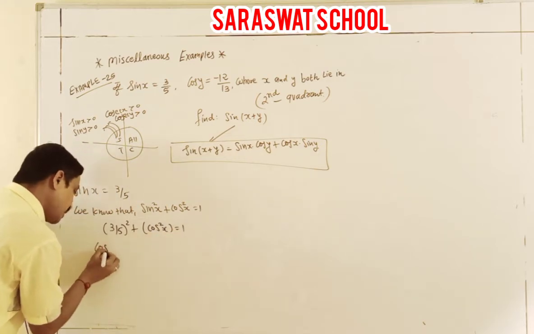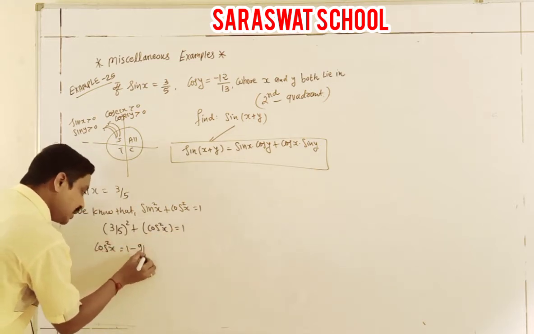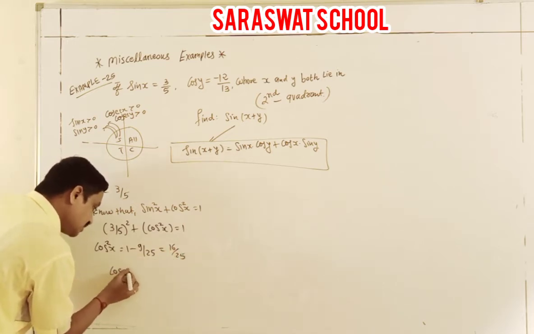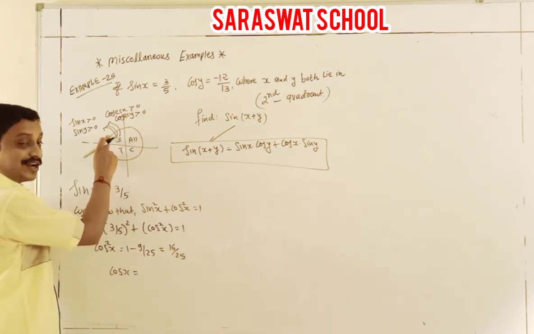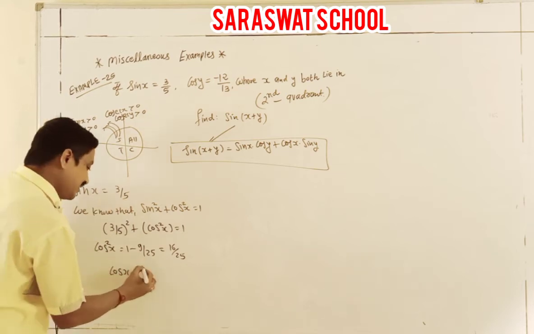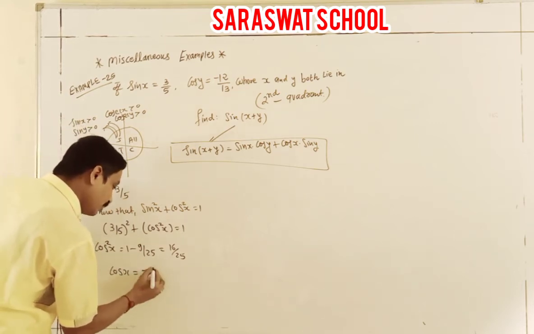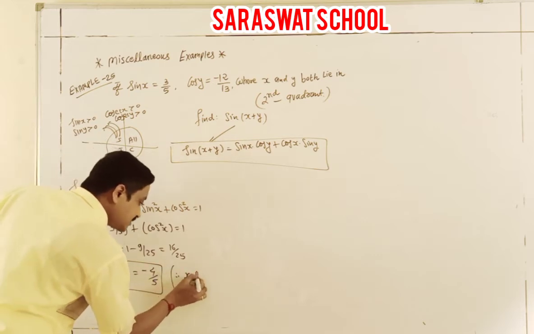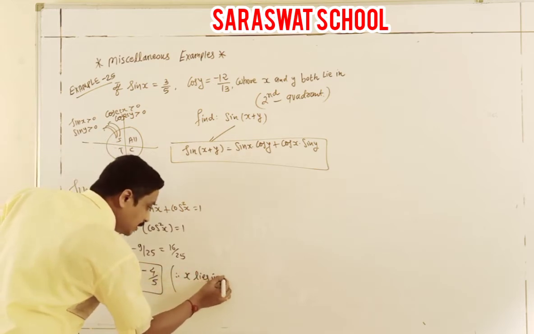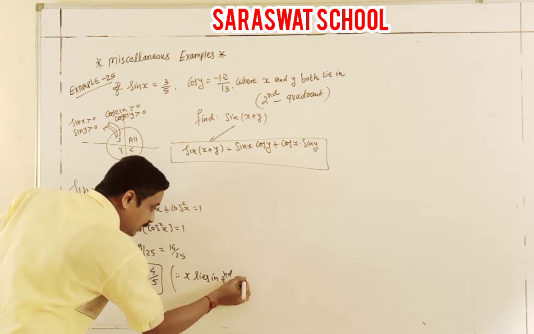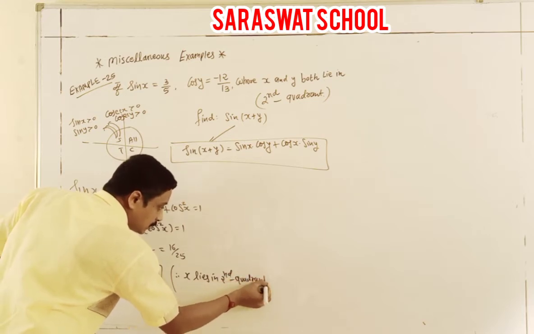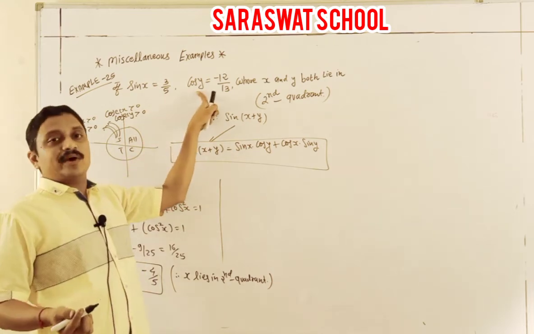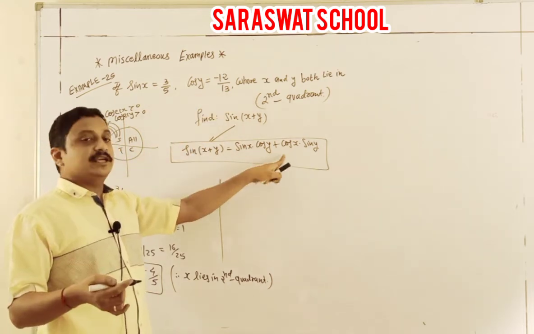So what is cos square x? 1 minus 9 by 25, which is 16 by 25. So cos x, in the second quadrant, is negative 4 by 5 because x lies in the second quadrant. That's our answer.